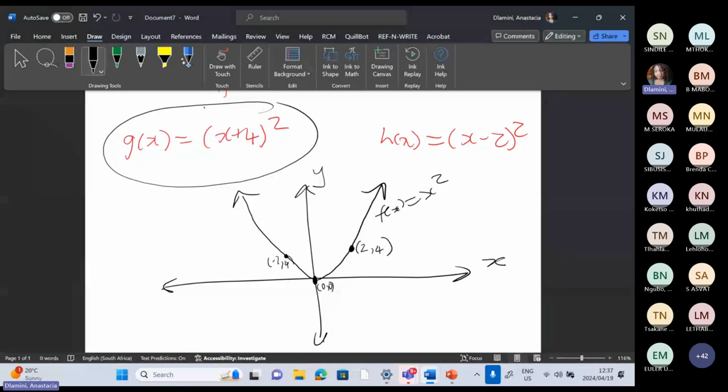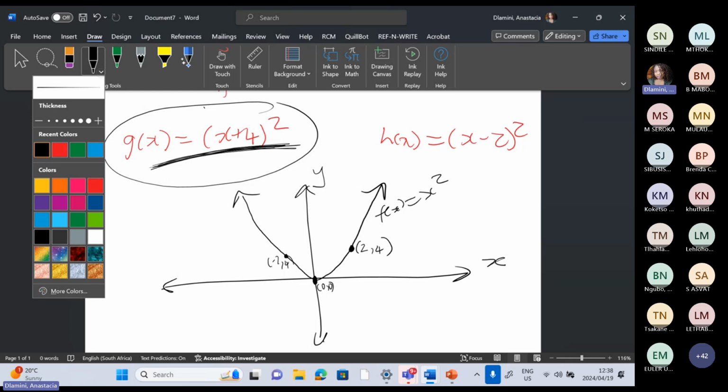Now they're saying this one. So what do you think happened here, guys? They shifted to the left. So which values are shifting then? The x values. Thank you.